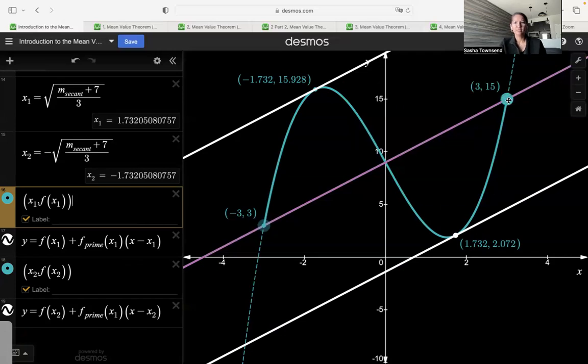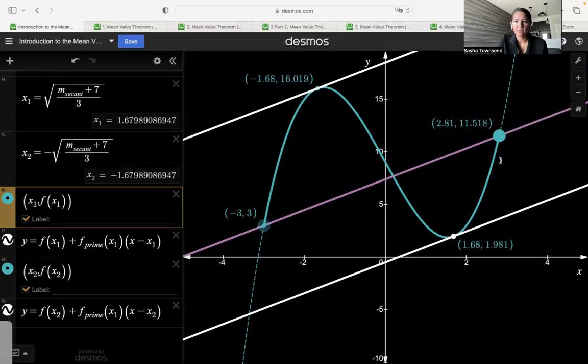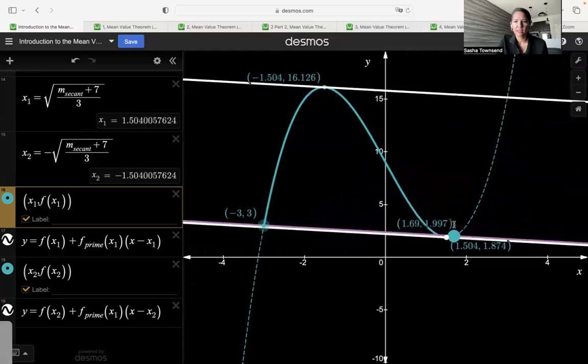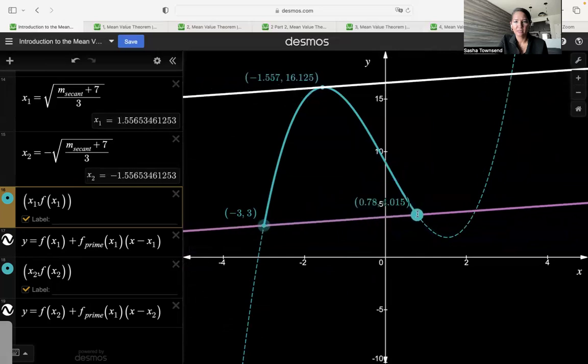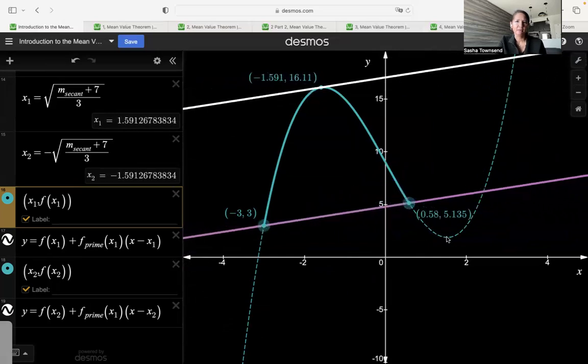Now you might say, well, how might that change? Is there ever a time when our equation would have two solutions, but only one of those is a solution on the interval of interest? Well, yeah, if this point was over here to the left of that local minimum, now we only have one x value that gives us the right slope.